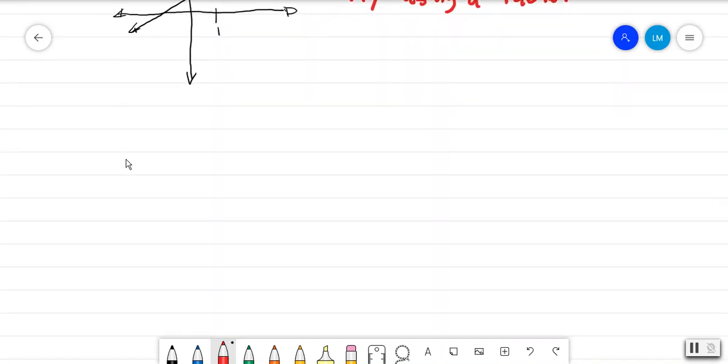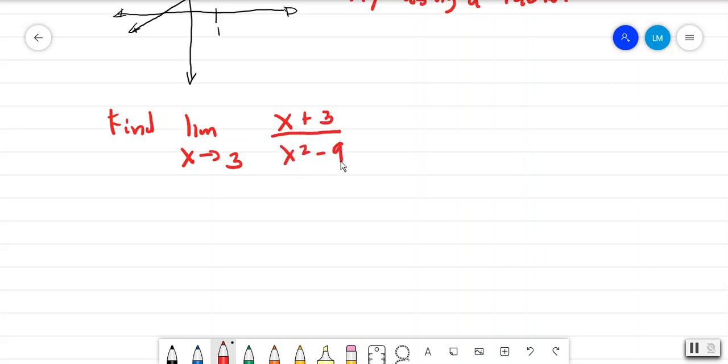Let's say that we want to find the limit as x approaches 3 of x plus 3 divided by x squared minus 9. Again, I look at this and ask, can I just plug in 3 and be done with it? But let's try it a little differently.